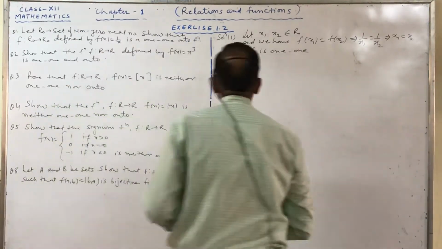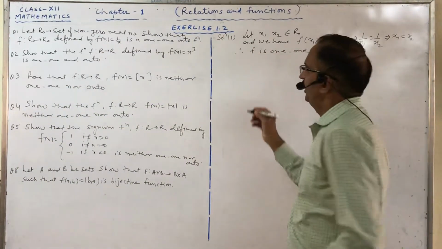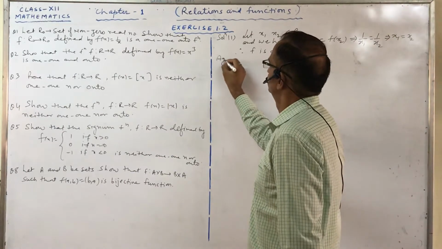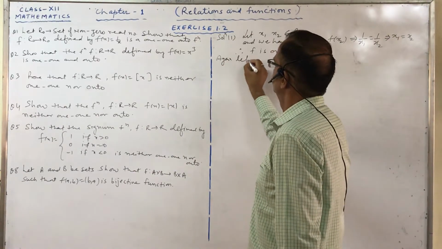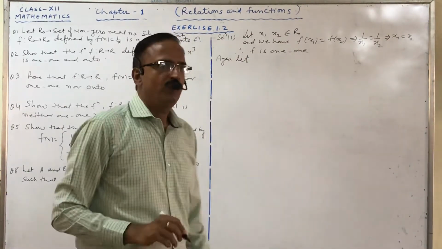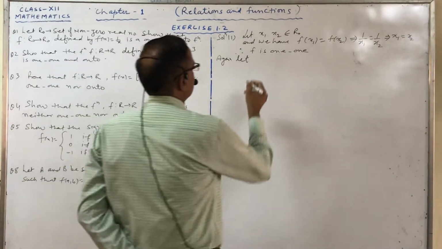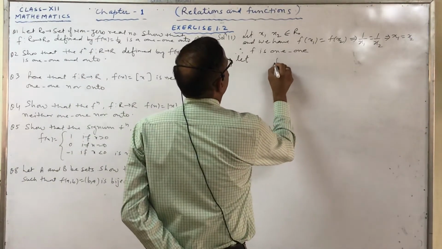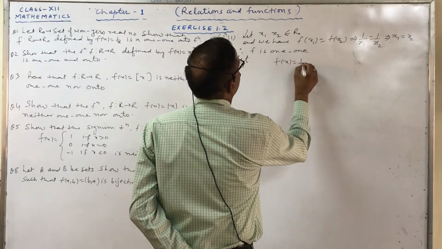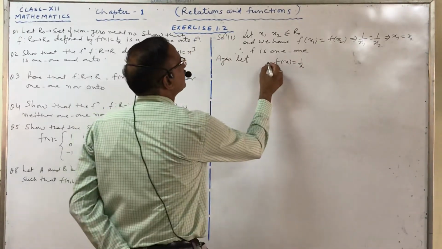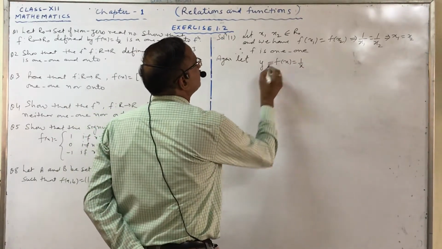Now for onto, again let y be an element. For this f(x) equal to 1 by x, suppose this is y.